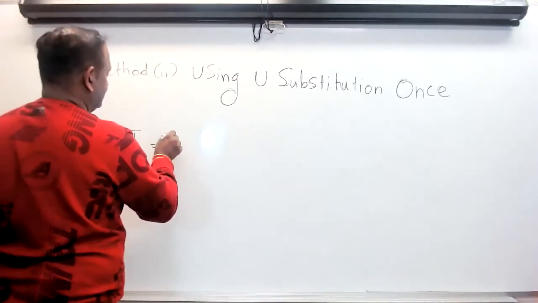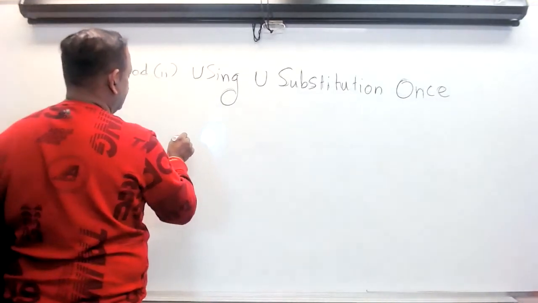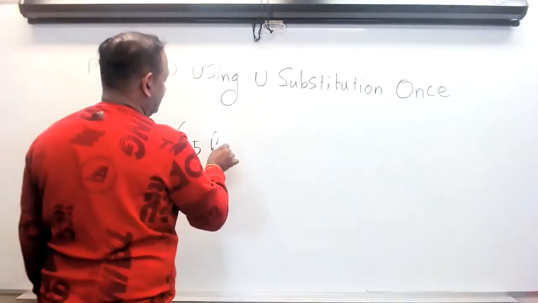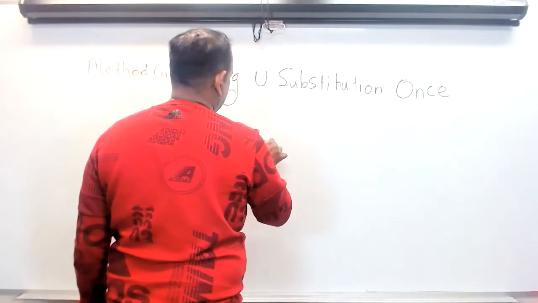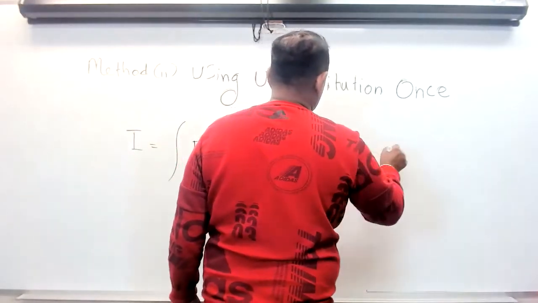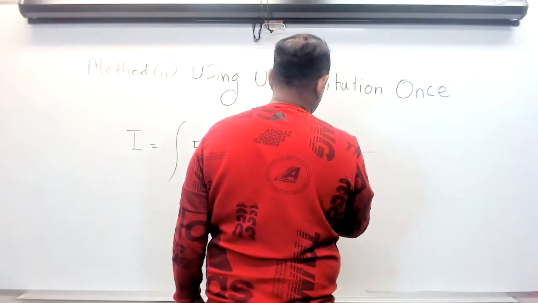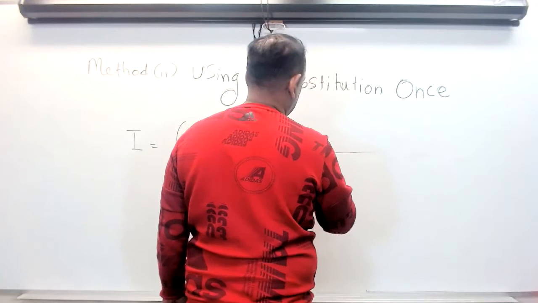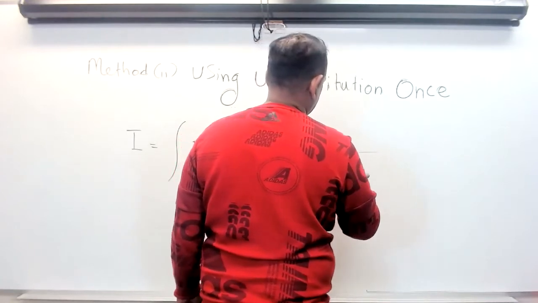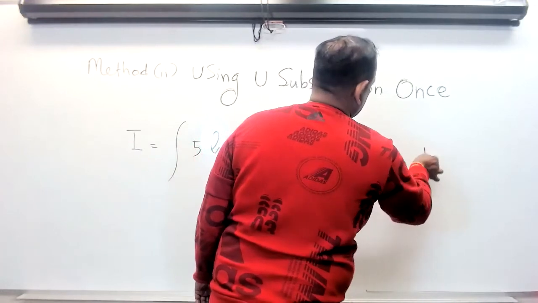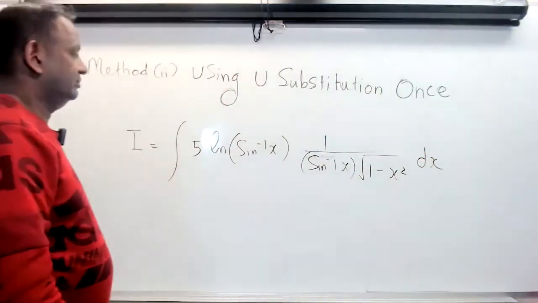I is nothing but 5 times the integral of ln(sin⁻¹x) times 1/(sin⁻¹x) times 1/√(1 − x²) dx.